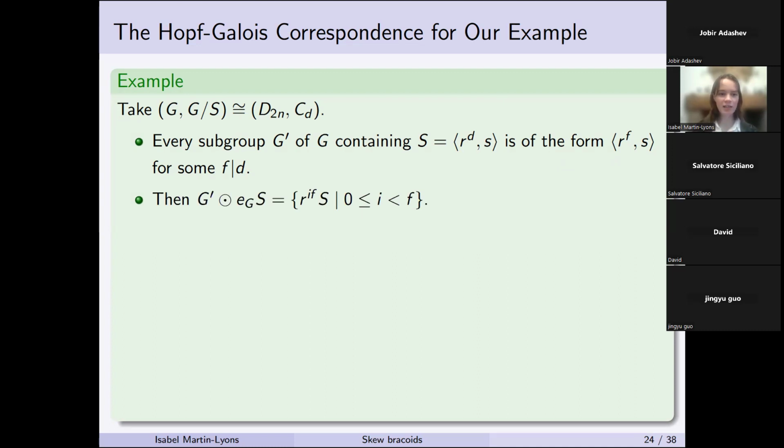Then what does this look like once we've put it in the additive group? Well, G' acting on the identity is the set of r^{if}s.